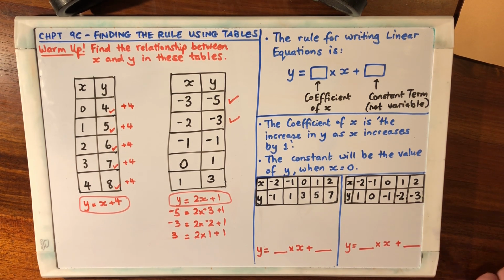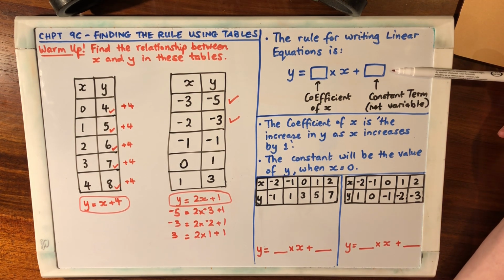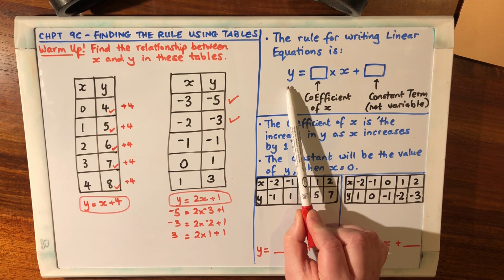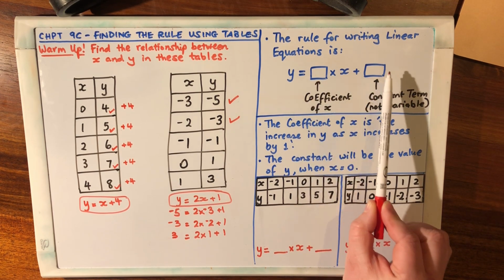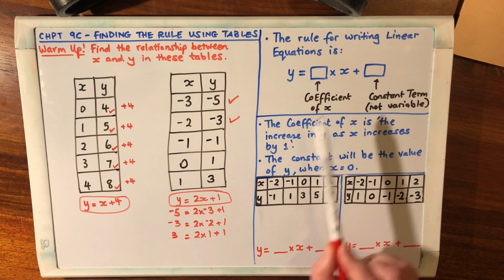This lesson is all about finding a rule. Just like we found these two rules, there's a key to working out the rules, and it's quite easy. Let's look at the rule for writing linear equations. This is our formula. We always have the unknown y on the left-hand side of the equal sign, and another expression on the right-hand side.